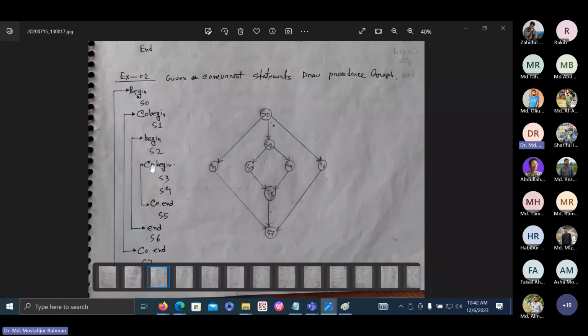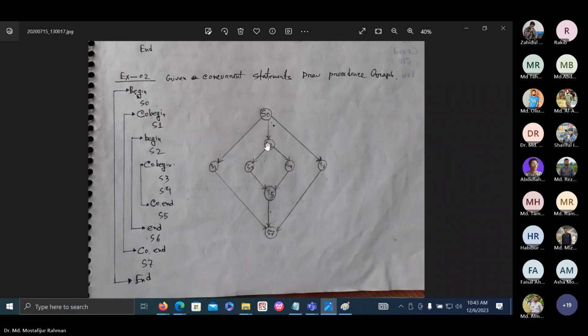Again, we can see co-begin S3 and S4. See S2 and this part and S5. S2 is the co-begin point, this part, and S5. They are in serial. Then we can see S2, then co-begin S3, S4. They are in parallel.